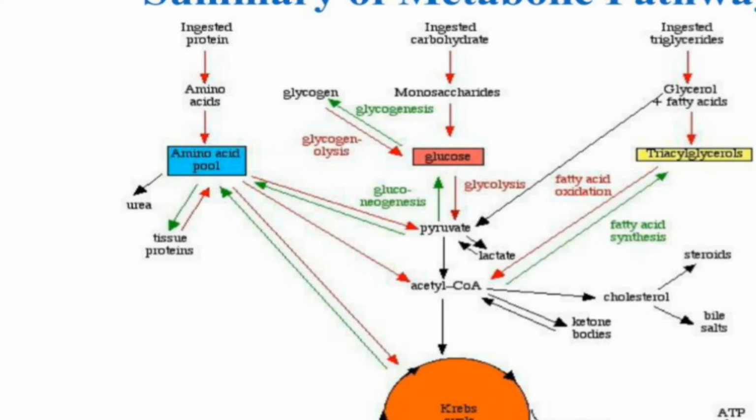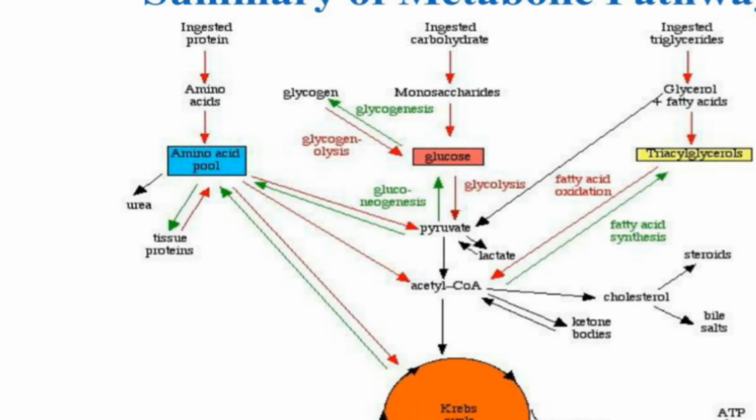Now, all these things occur within the liver, because the liver is the one that usually does deamination, where the amino acid pool is converted and degraded into urea, and other protein goes into the tissue.